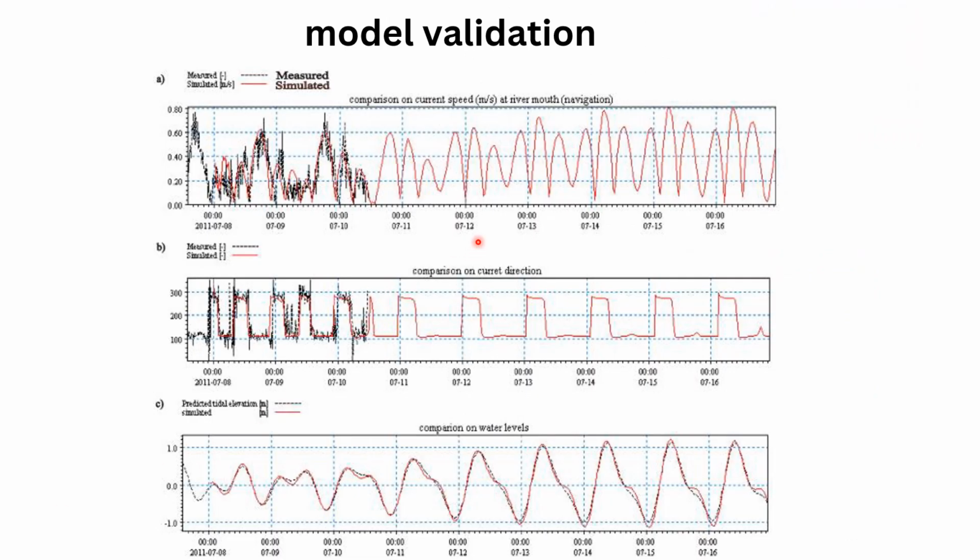The model has validations where they were using three parameters: the first one is current speed, the second one is current direction, and the last one is the water level itself. As we can see here, the black line indicates the measured field observation data, meanwhile the red line is the simulated data coming from the simulation output.